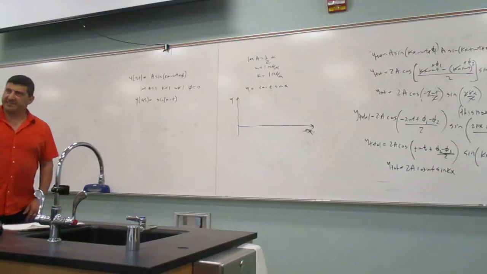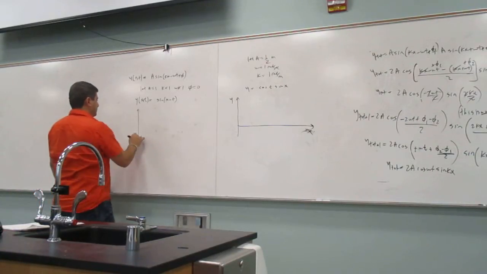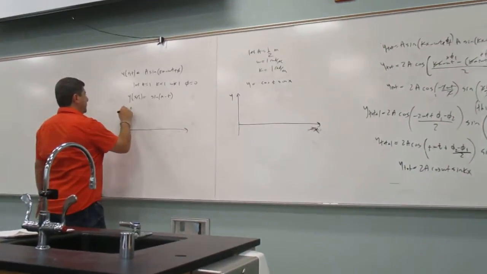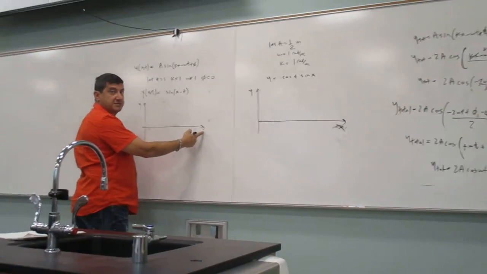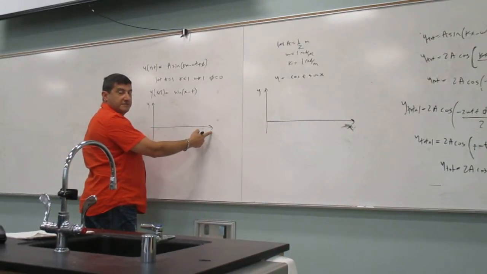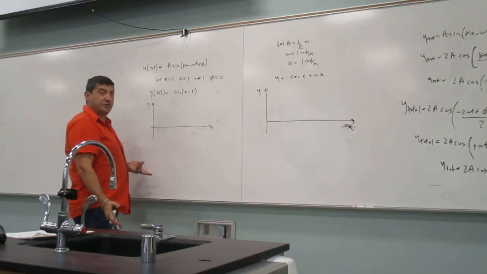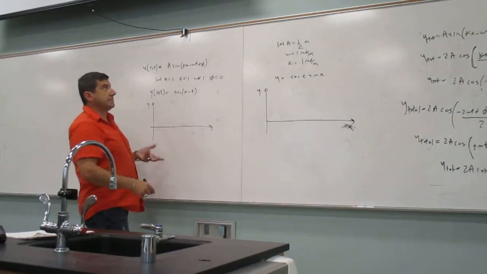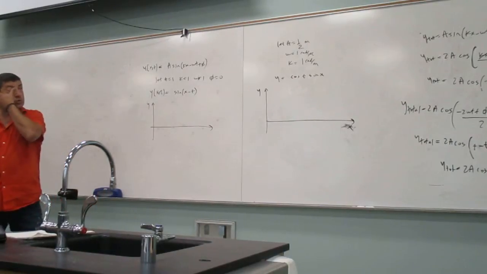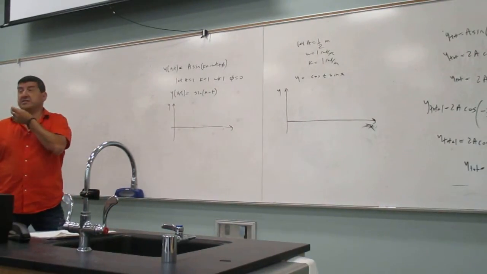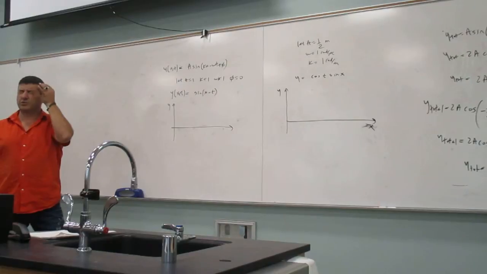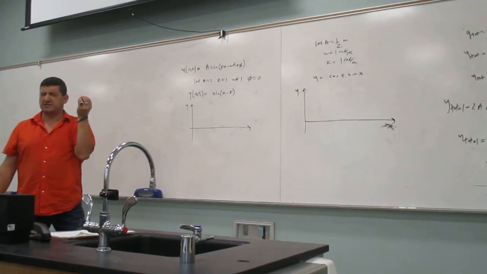But then how do we plot that? Y versus t or y versus x? You can actually plot it either way, but the one that we choose is y versus x.